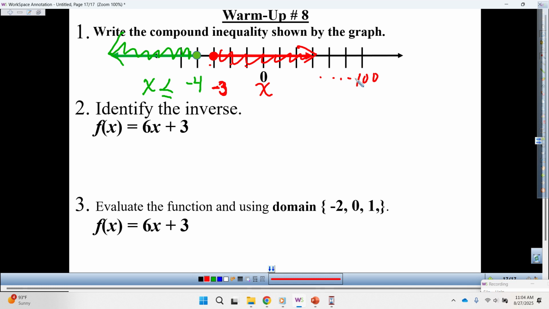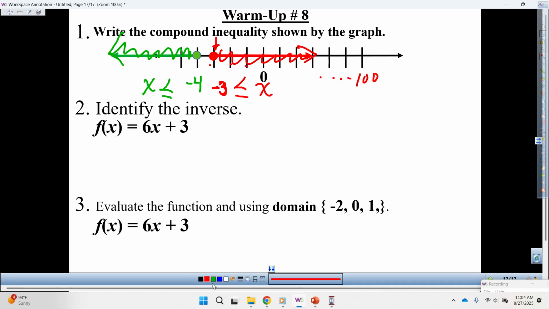It's what? Less than. Yeah. -3 is less than all those numbers, and since the point is solid, it's an equal sign.